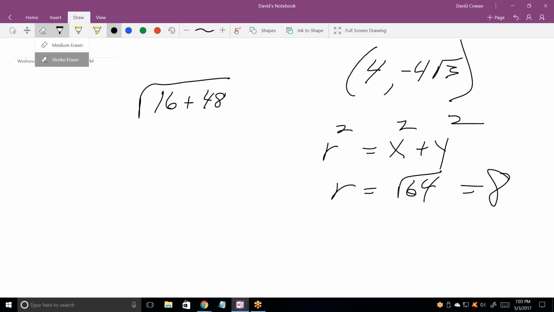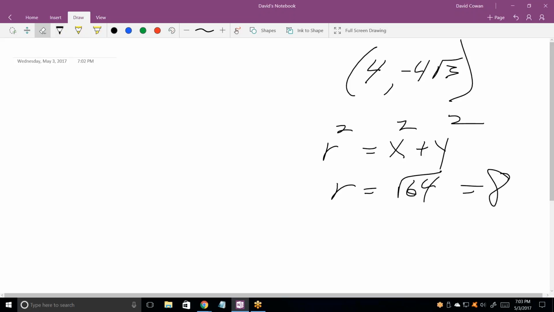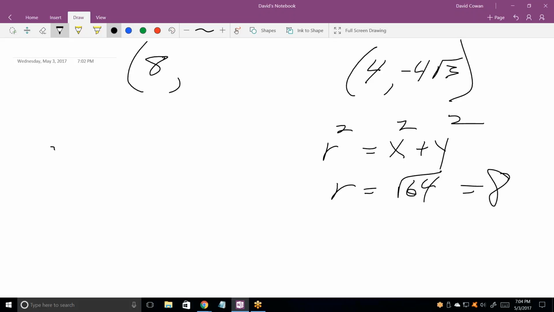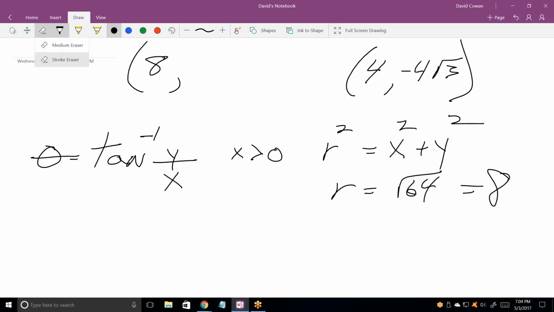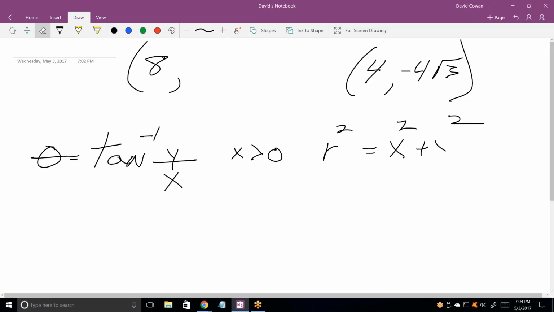Okay? Now, theta is the tricky part. We've solved for r. Theta, and this is how it's actually defined, and it's kind of weird. It's not weird, it's just: if x is greater than 0, theta is the inverse tan of y over x.